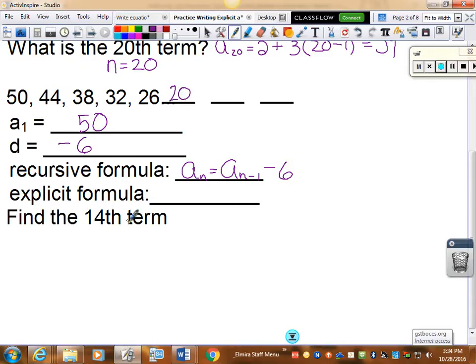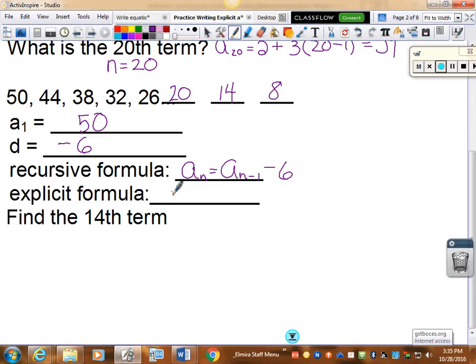If I want to know the next term, I take the previous term and I subtract 6. Again, that helps me get the next term in the sequence, and if I only had to find a few more terms, that would be one thing. If I have to find a big number term, I'm going to want the explicit formula.